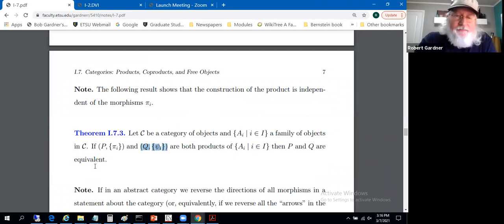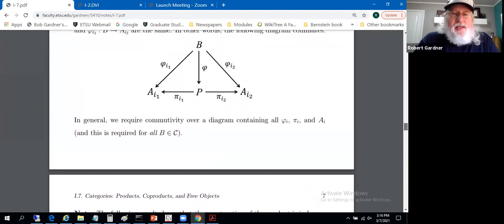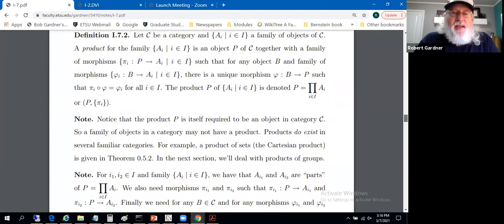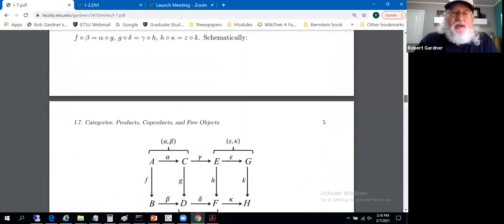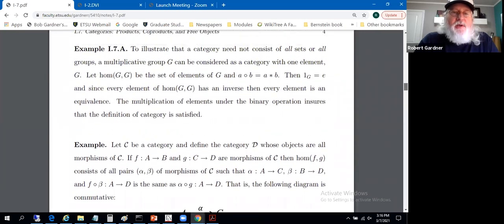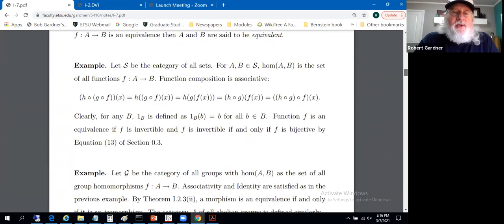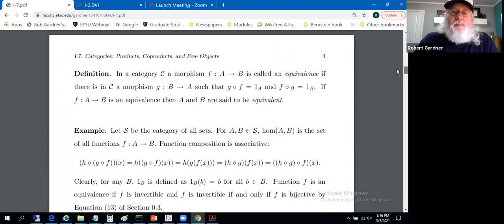All right, one more time. What's equivalent mean? It means a mapping. Go back several pages. Here it is. Being equivalent means we get compositions that give identities.